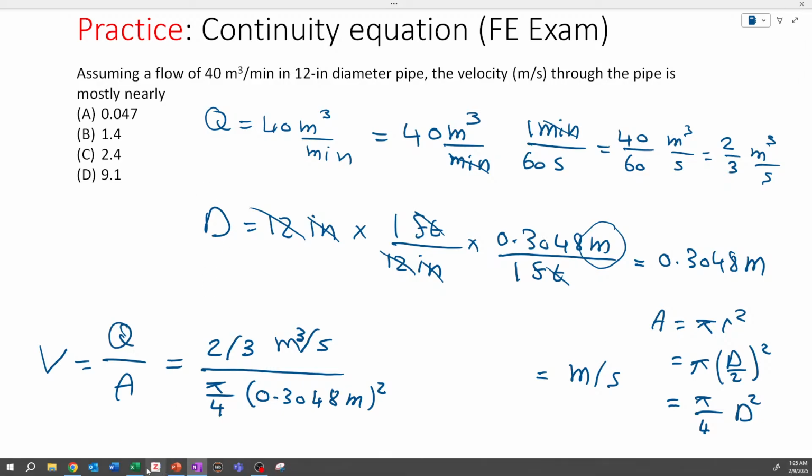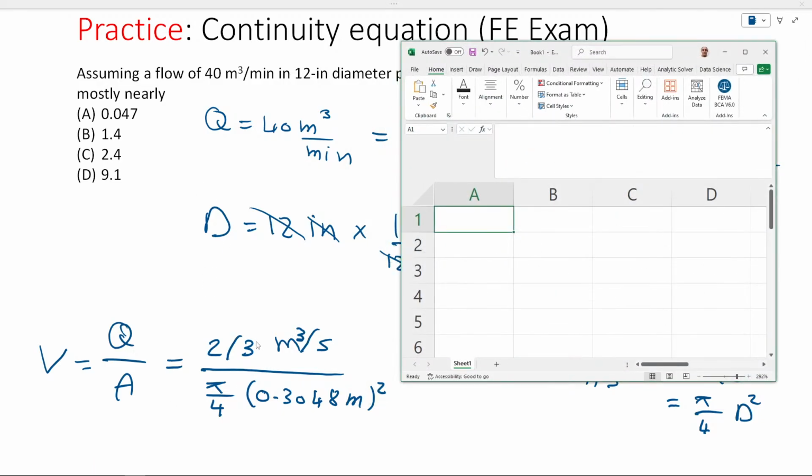Let me show you how to solve this. We also want to practice the precedence rule. So here, 2 over 3 divided by, here I need to open parentheses. Why? Because in the denominator I have two things multiplied by one another. In this parentheses I will put pi divided by 4 times. Do I need parentheses here?